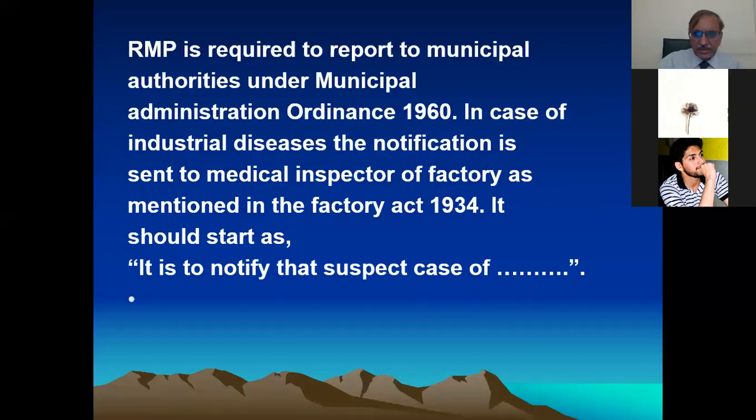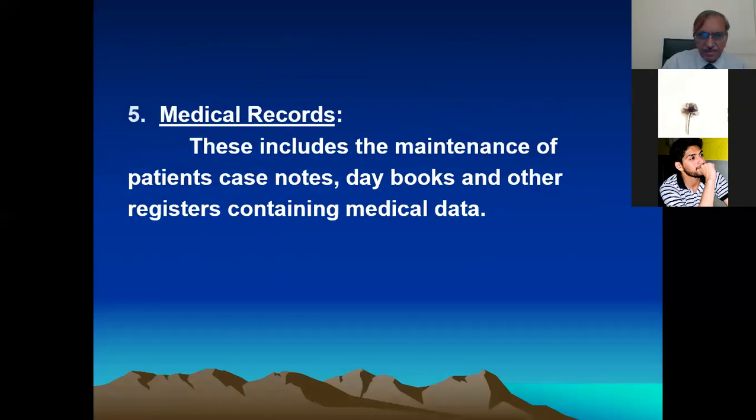So this notification is usually narrated in this way: it is to notify that a suspect case of so and so is available. Like a suspect case of cholera is there, or a suspect case of coronavirus infection is there. So you intimate the concerned relevant authorities that sensitive information is there.